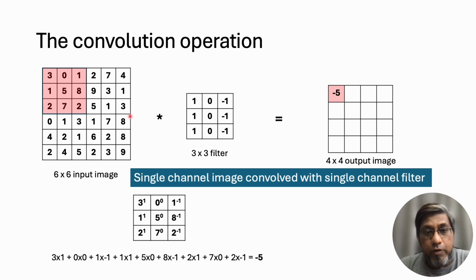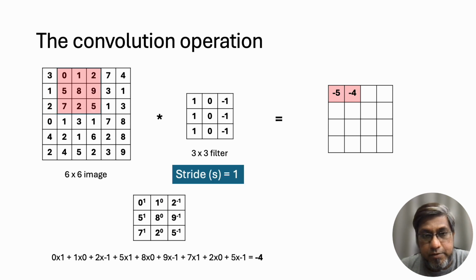And then, to calculate the next element, in the second position of row 1, so column 2 row 1, which is this position I'm pointing out here, we have to shift this window, which is highlighted in red, by 1 pixel to the right. So now the window has moved 1 position to the right.